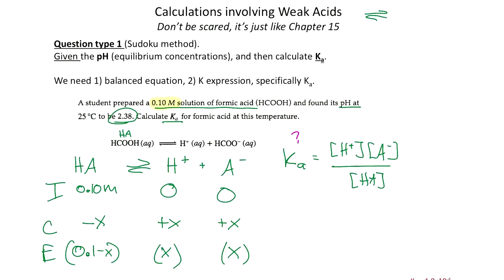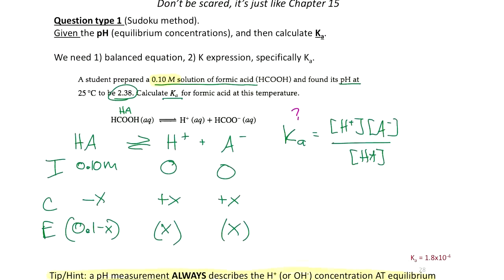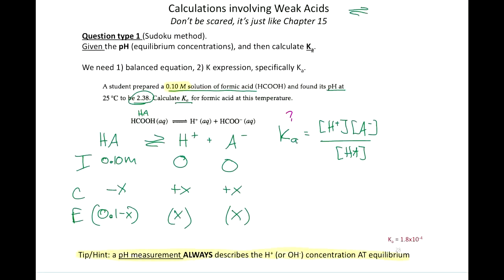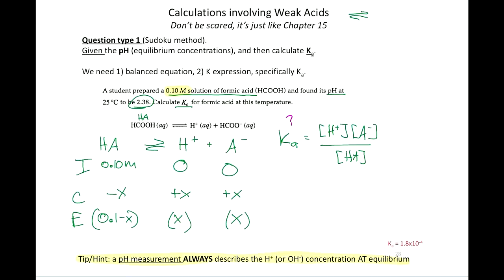Okay, so here is the hint. And this is what makes it a type 1 Sudoku method question: if I give you a pH measurement, it always describes H plus concentration at equilibrium. So if I tell you the pH is 2.38, you can calculate the H plus concentration at equilibrium.